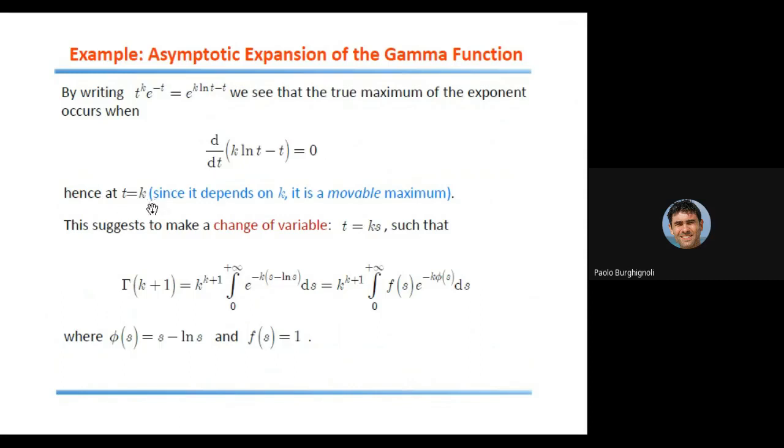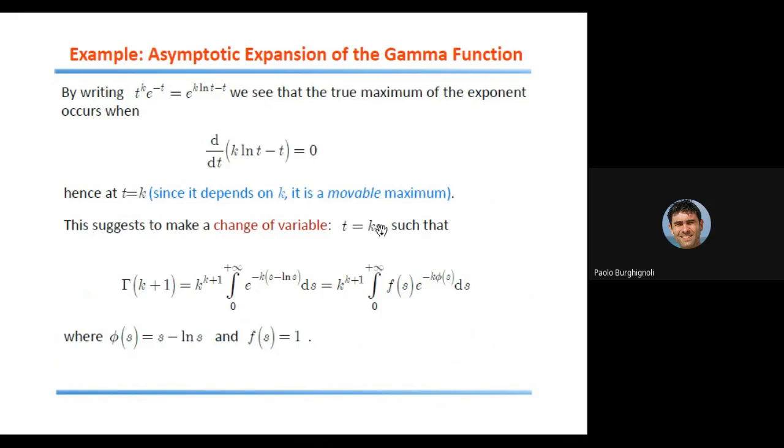So now the point where you have your minimum depends on the large parameter. It's a movable minimum, in a sense, because k is a parameter which is allowed to vary. To avoid this movement of the minimum, it is enough to change variables. So if you let now t equal to ks, of course, now the minimum will occur when s is equal to 1, which is a fixed point in the new integration variable.